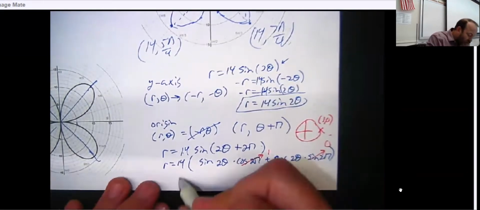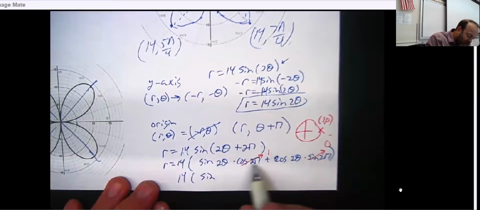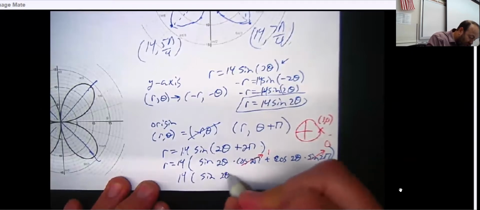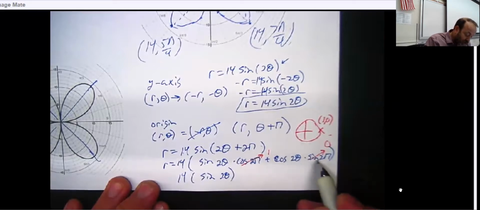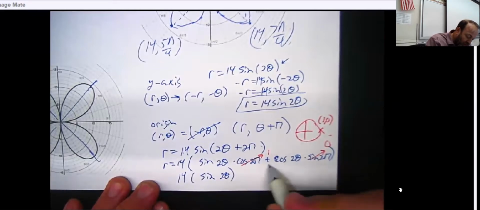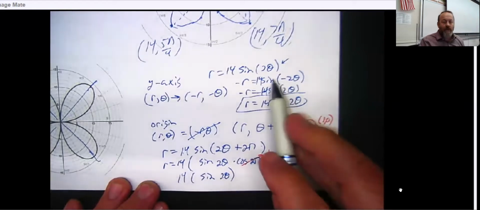So all you do is simplify ever so slightly. The sine of 2 theta times 1 is sine of 2 theta, and the cosine of 2 theta times 0 is 0. So this entire argument just died, and it's just 14 times the sine, which gave me the original.